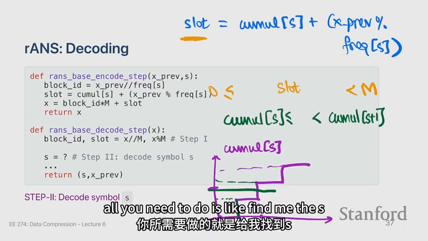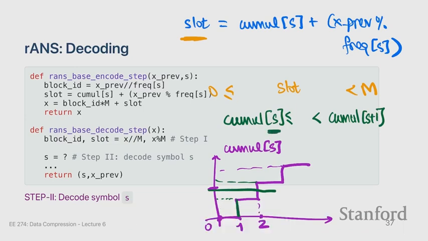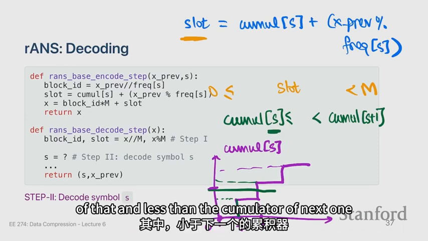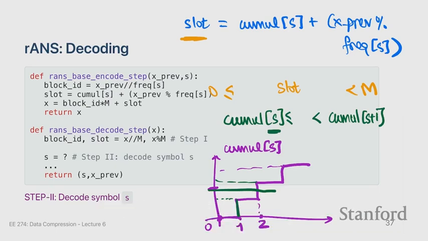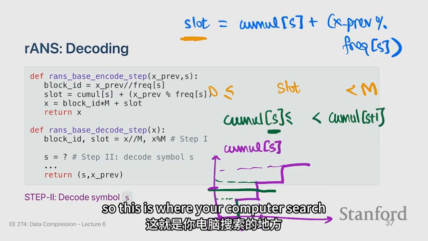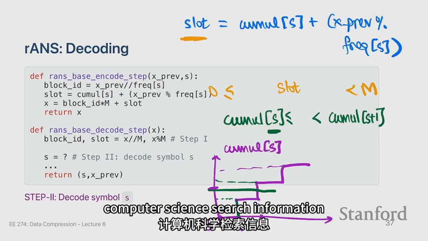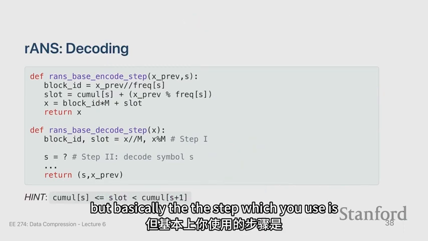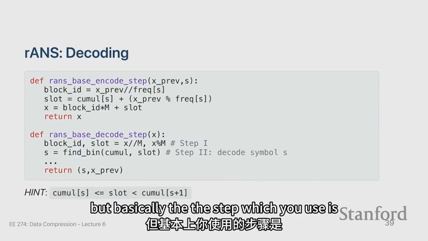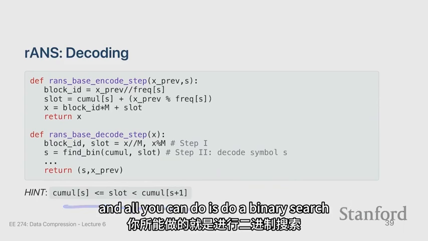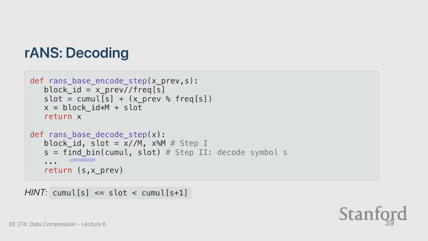So we know that this is an increasing function. All you need to do is find me the S such that your slot is greater than or equal to the cumulative of that symbol and less than the cumulative of the next one. And cumulative is actually a sorted array, so this is where your computer science search knowledge would come into play. You can do this very efficiently. You use this hint that your slot lies between these, and all you can do is a binary search, right?